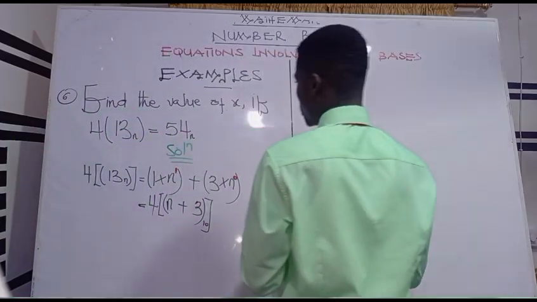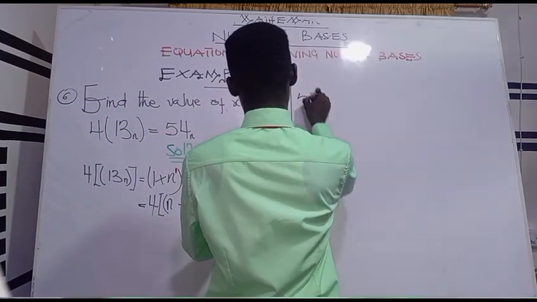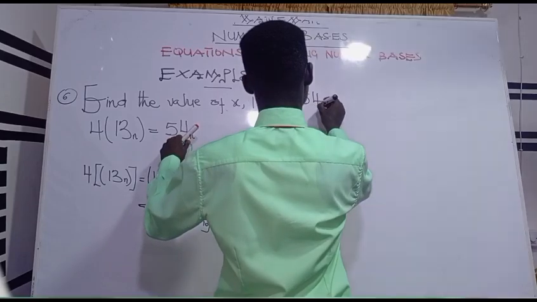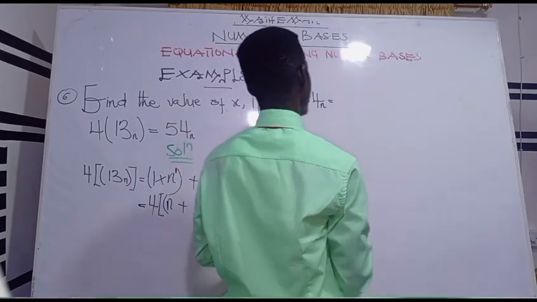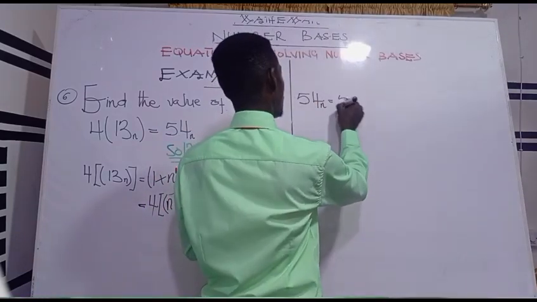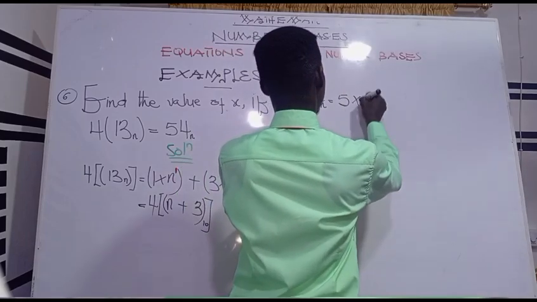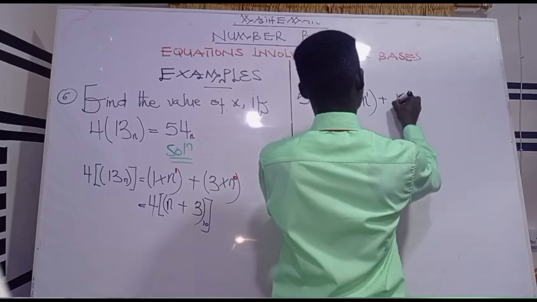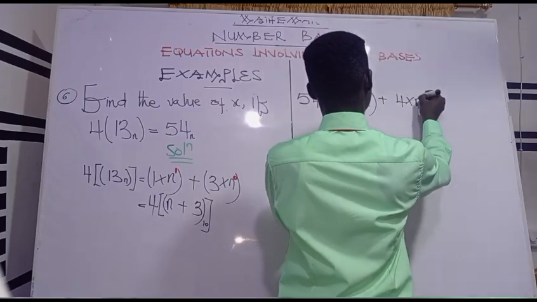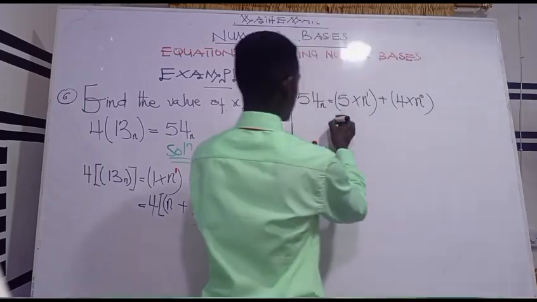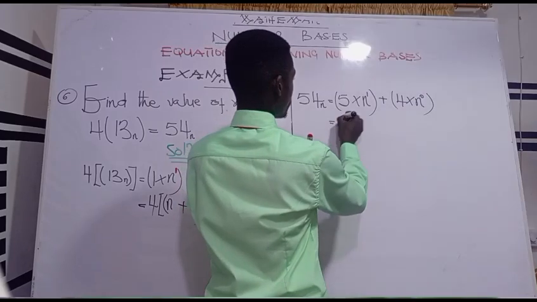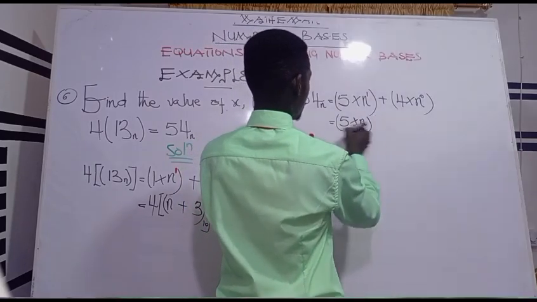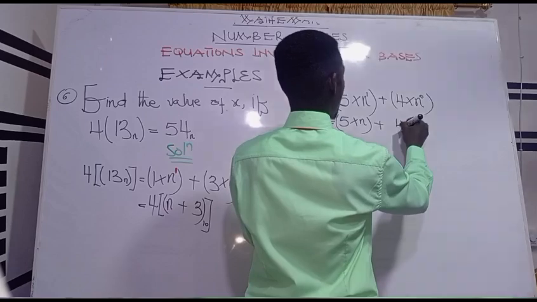Let's continue from here. So we have 54 to the base of n. Converting it to a base 10 numeral, we have 5 times n raised to the power 1 plus 4 times n raised to the power 0. So we have 5 times n plus 4 times 1.